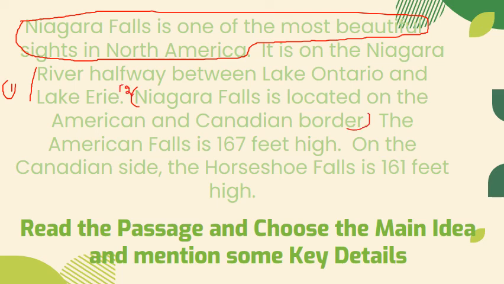And I even gave more details about how high each fall on each side is. The American Falls is 167 feet high. This is the third detail. The Horseshoe Falls is 161 feet high. This is the fourth detail. So the main idea here is Niagara Falls, and I even gave more details about it in the supporting details. Simple and easy.